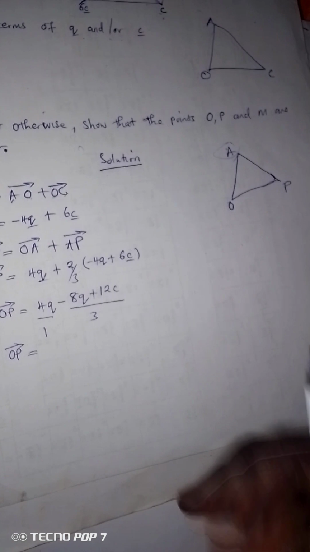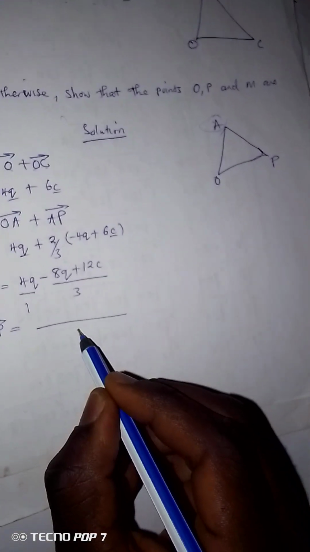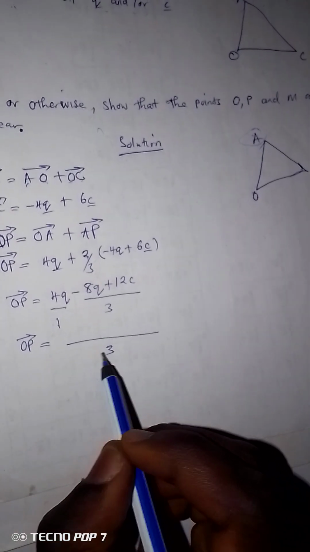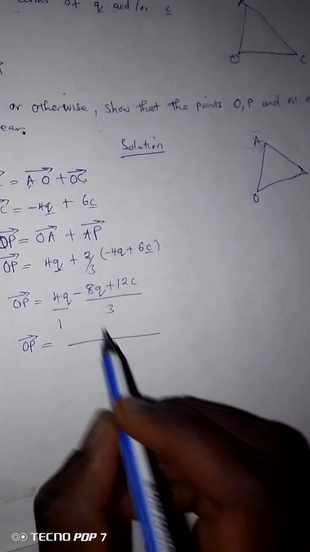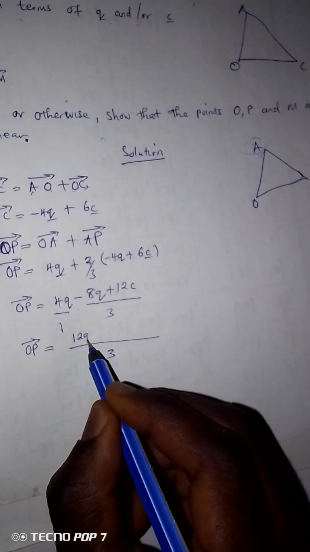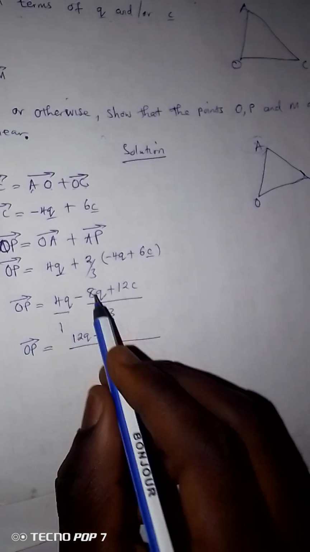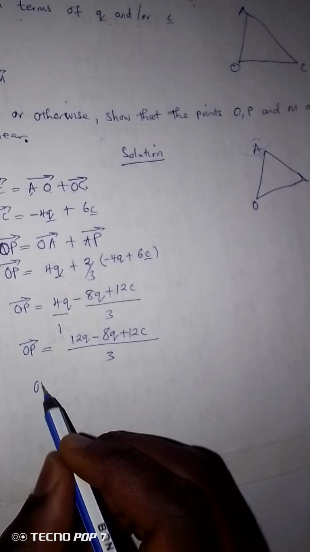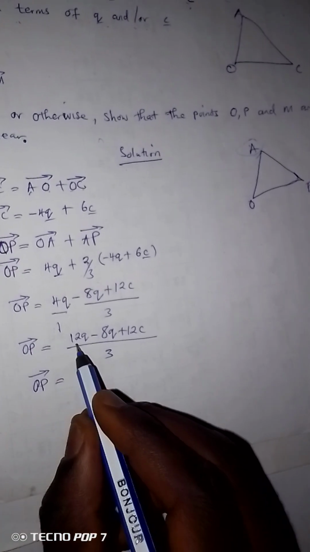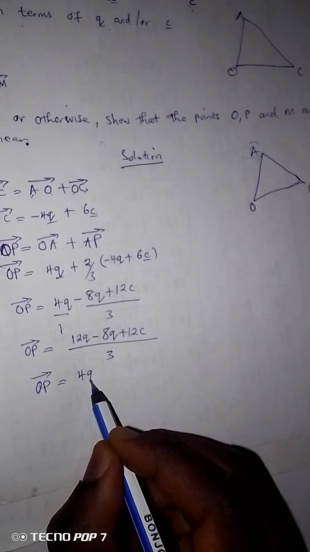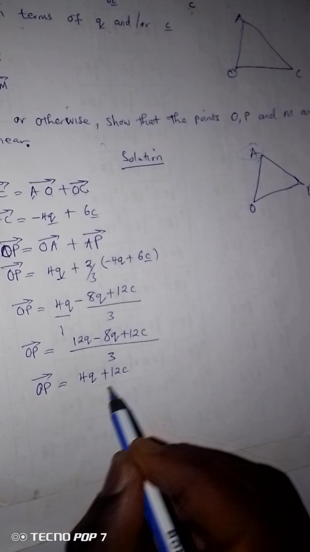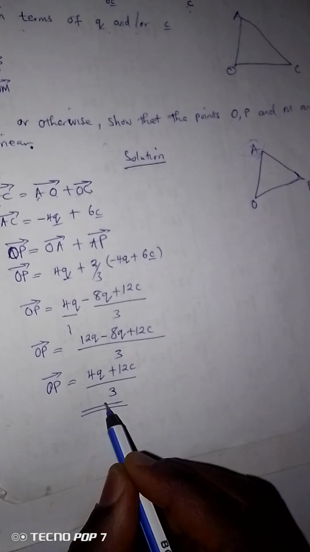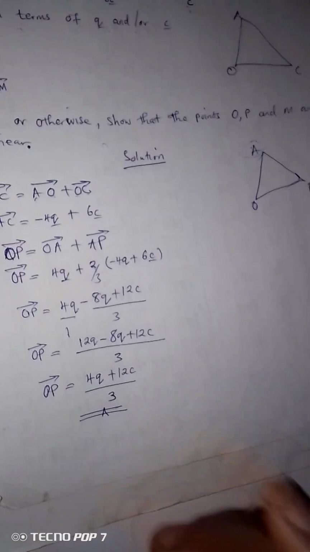OP is equal to the common denominator, which is 3, the number that 1 and 3 can go into without leaving a remainder. 1 into 3 is 3. 3 by 4Q is 12Q, minus 8Q. So OP is equal to 12Q minus 8Q, which gives us 4Q plus 12C over 3. Then it means you are done with question B.